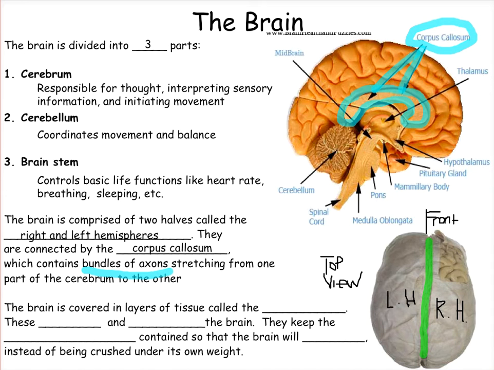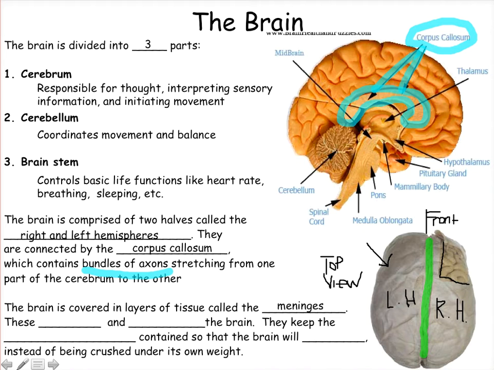The next thing I want you to notice about specifically the brain picture at the bottom of the page is that it looks a little strange because it is actually covered in layers of tissue. That tissue has been cut away in this section so you can see underneath it, but they left the rest of the tissue intact.